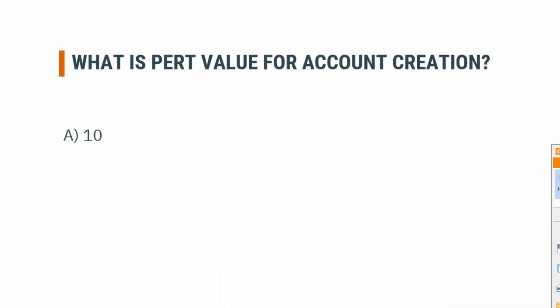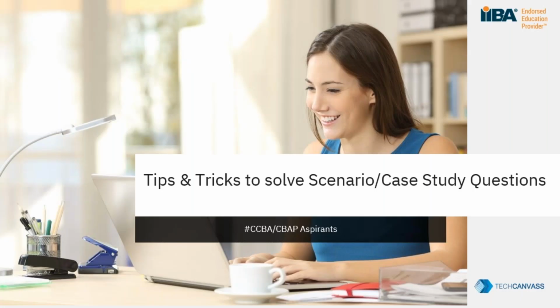So I'll flip back to the next question. On the real CBAP exam, will the entire case be reviewable when answering each question? Once you complete all the 120 questions, you can see the submit button.